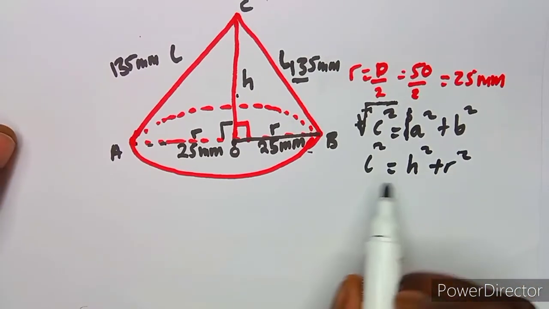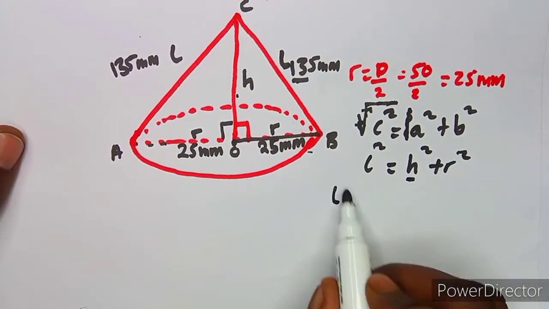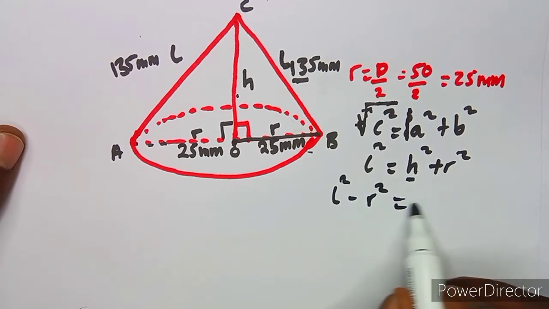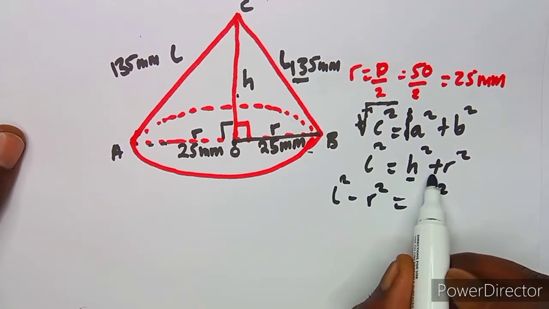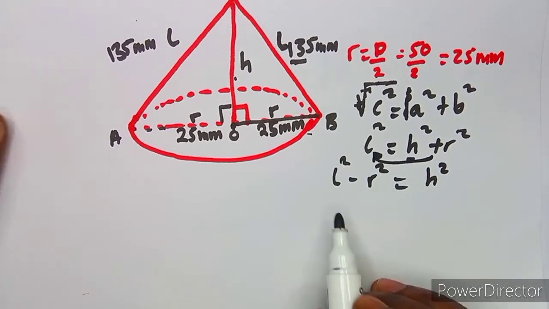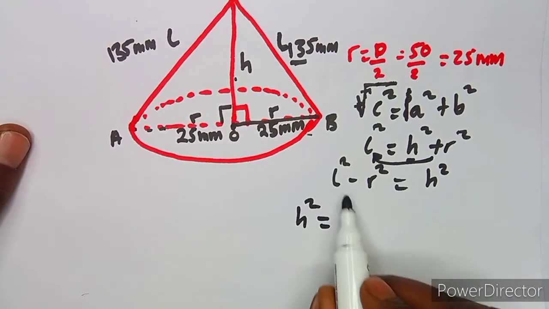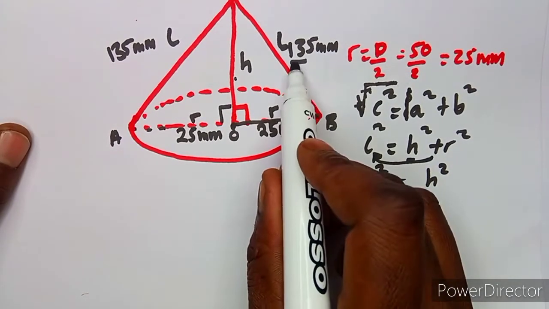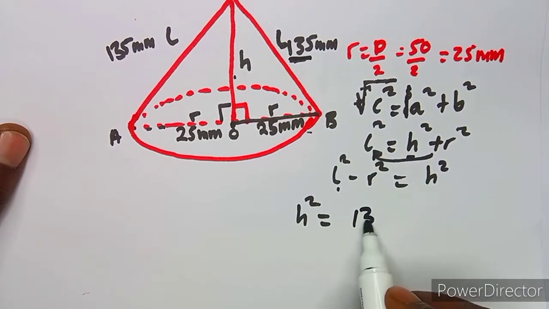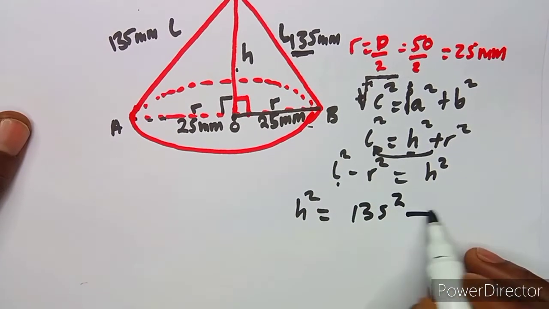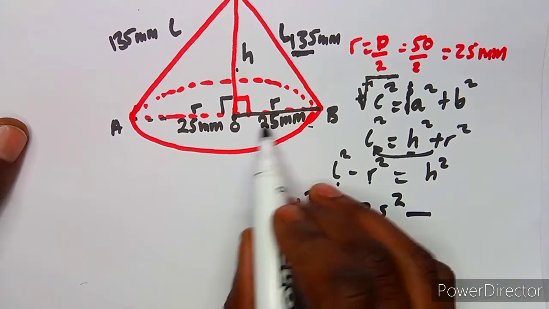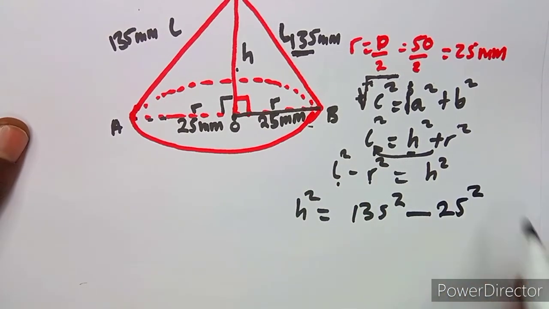As we need this h, it's going to be l squared minus r squared is equal to h squared. Transpose this, it's going to be negative. So h squared is equal to l squared, which is 135 squared, minus r squared, which is this r, 25 squared.